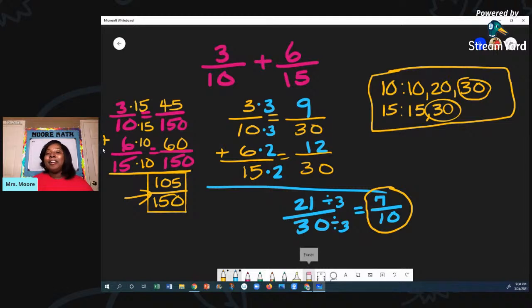So again, learn how to find your multiples because it can really help you save time, all right? So that is adding fractions, and subtracting is absolutely the same way.